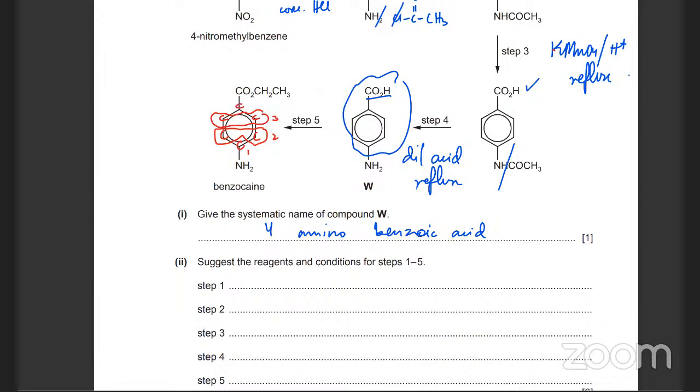This carbon at the top is different from the others. So that's 4. This carbon is different from all the others. This carbon is also different from all the others. These 2 carbons are exactly the same. These 2 carbons are exactly the same as well. So that's 1, 2, 3, 4, 5, 6, and 7. So you're going to get 7 different peaks, 7 different environments. Is that clear?